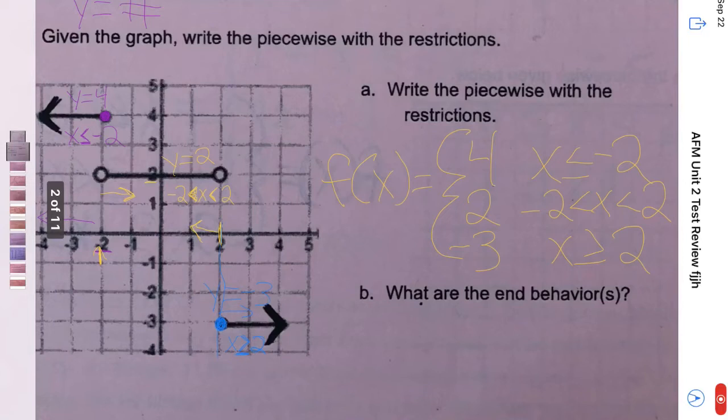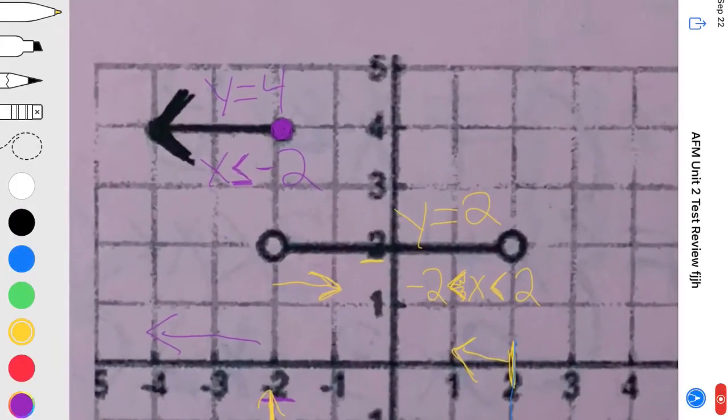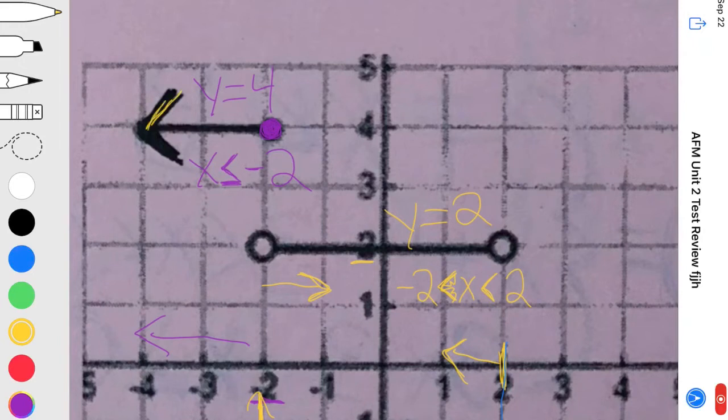What are the end behaviors? Biggest thing, if we're asking for end behaviors, how many arrows are in our graph? 2. So there's only going to be 2 end behaviors. The first arrow was in our first step.